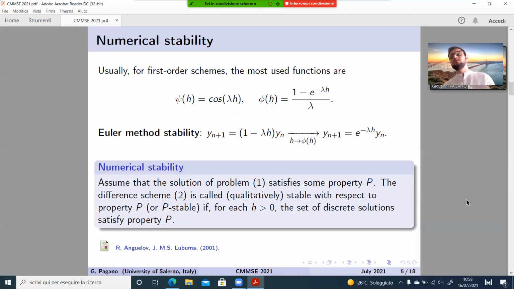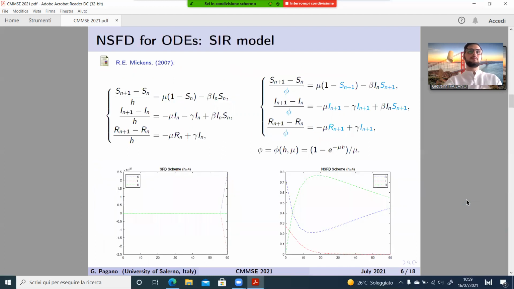We are interested also in an accurate solution, but the main aim is following the qualitative behavior of the solution and the properties of the exact solution of the model.